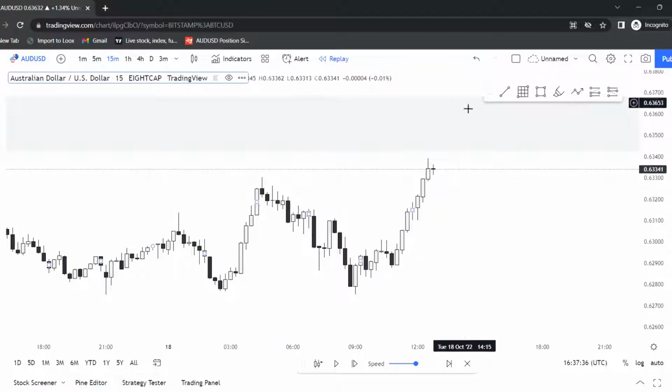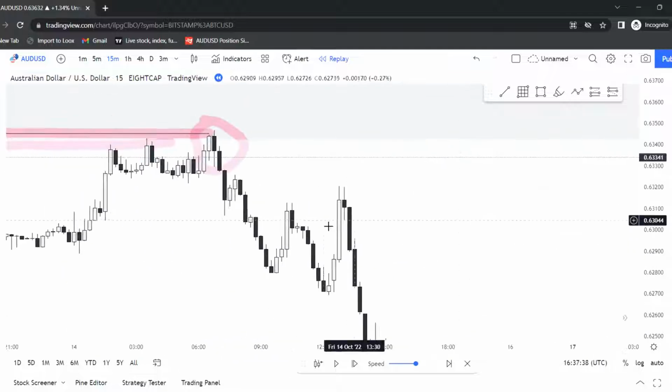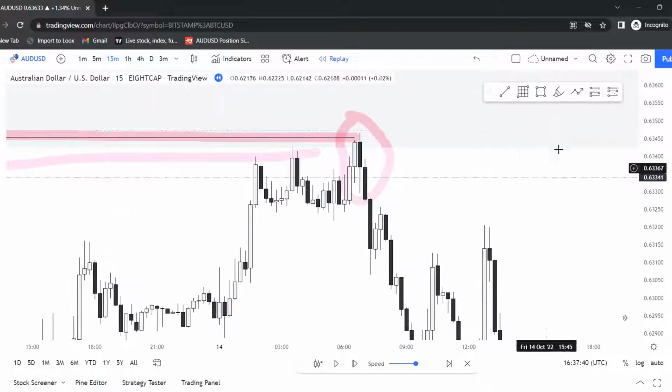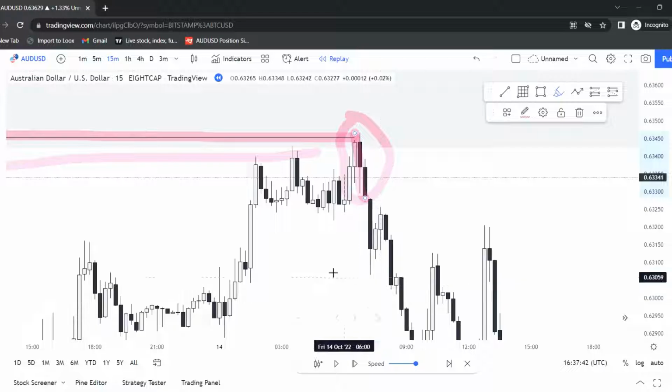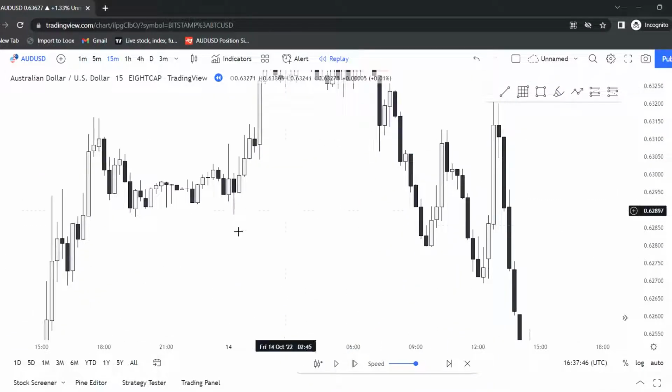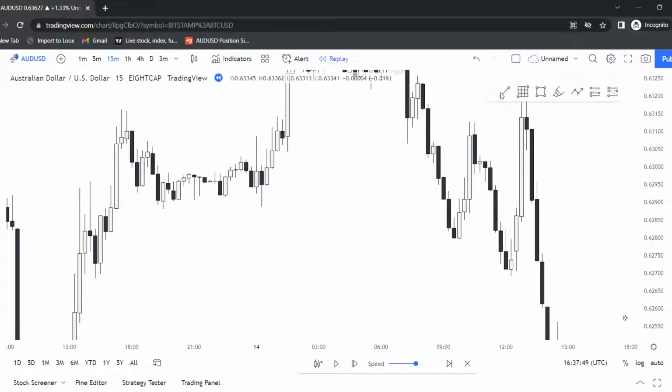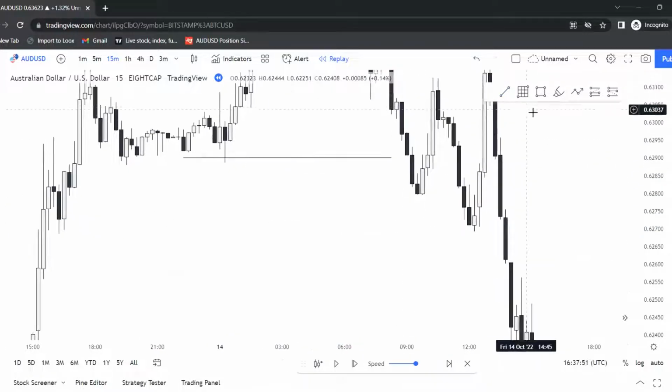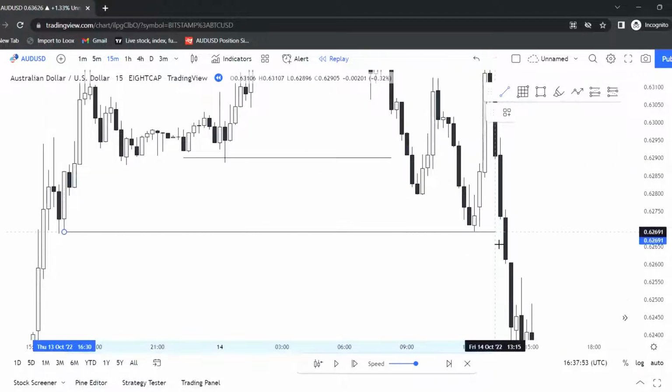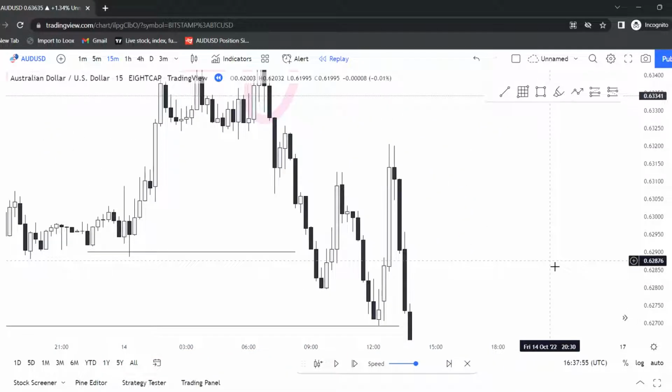I mean, we're still approaching it, but you get the point. And on the 15-minute, we can see that this candle over here took liquidity from all these highs and resulted in a breakout structure, such as this one over here, this one over here as well.